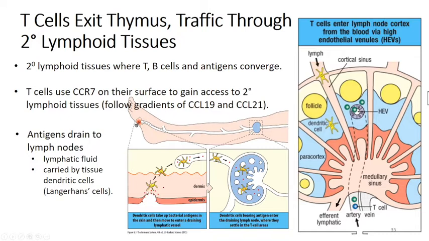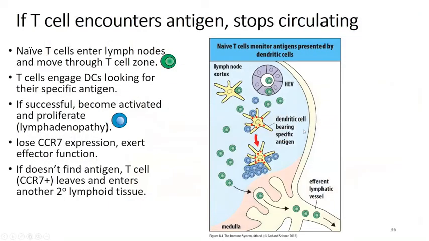Either way, if it's either soluble or carried by the dendritic cell, it enters in through the lymphatics. You can see this in the lymph node. The dendritic cells carrying antigen will reside in this T cell area, and the T cells coming into the lymph node will be called naive.